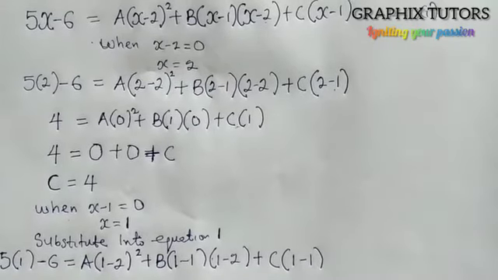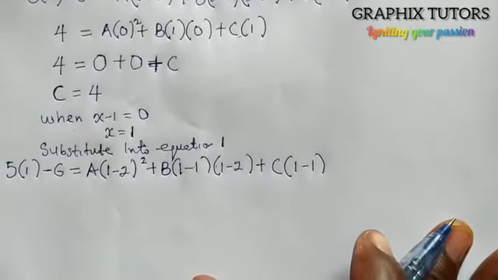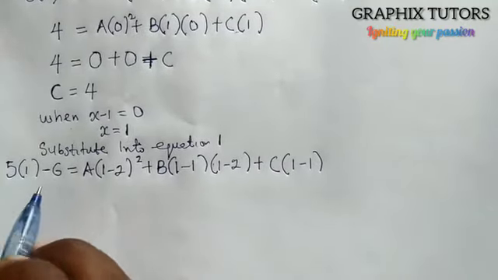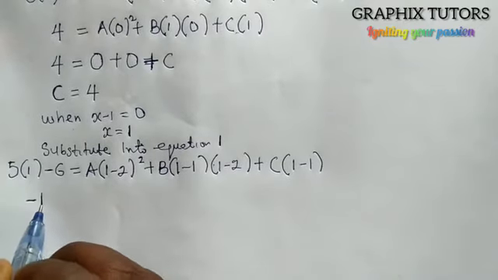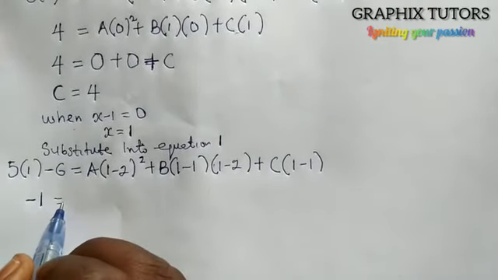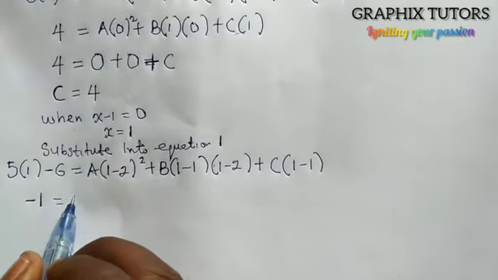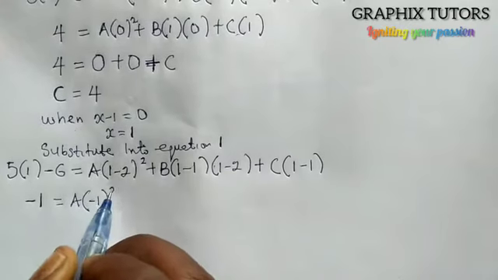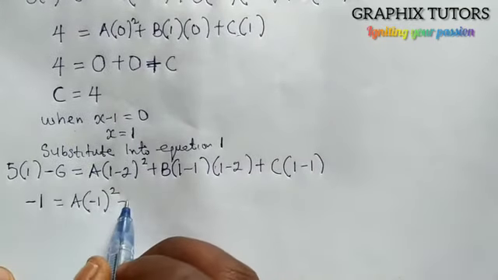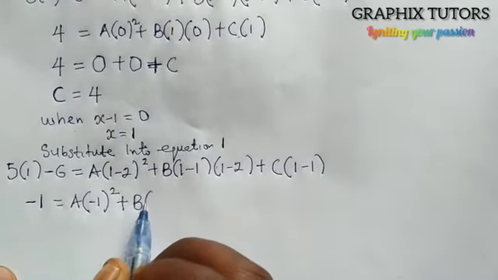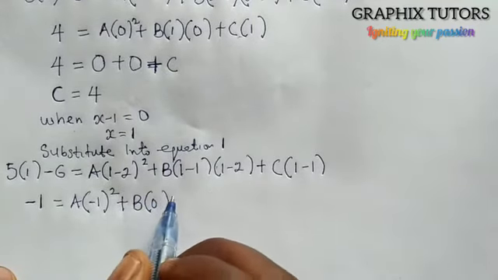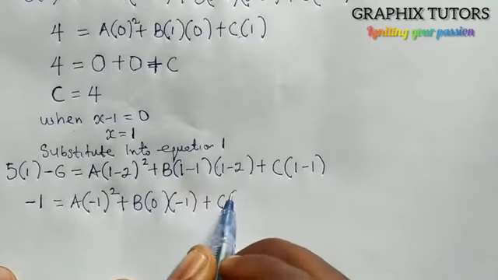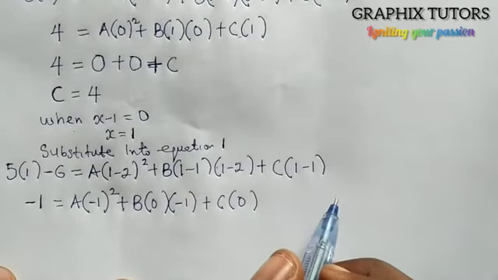So from here we'll move further. This will now give me 5 times 1 is 5, minus 6 is minus 1, equals a into bracket 1 minus 2 is minus 1, everything square, plus b into bracket 1 minus 1 is 0, and we have 1 minus 2 is minus 1, plus c into bracket 0, because 1 minus 1 is 0.